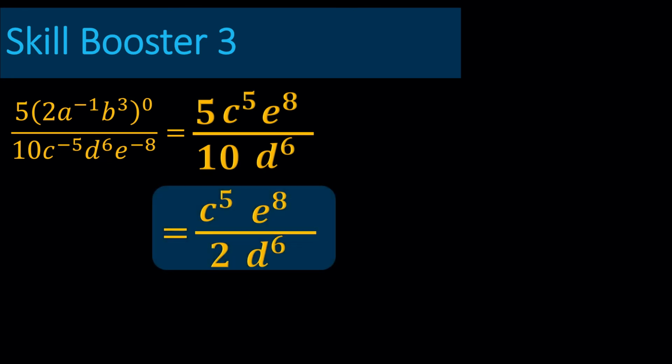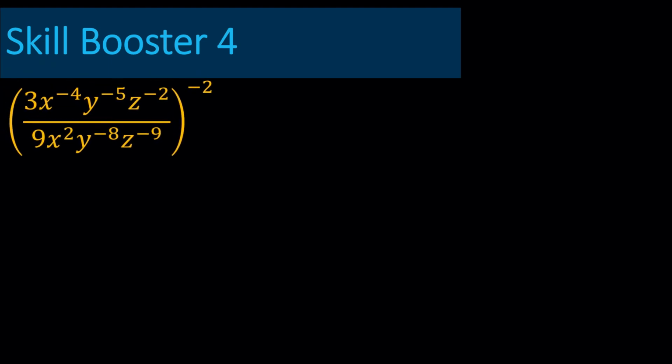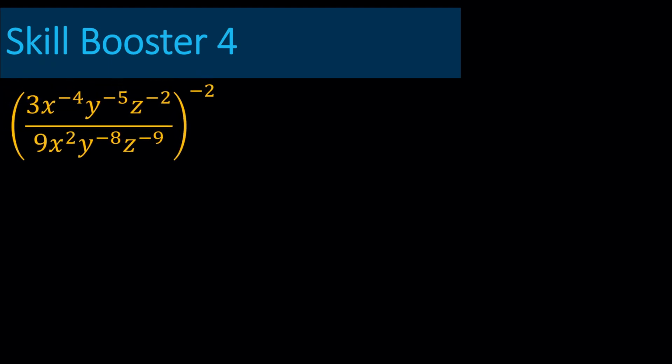Okay, lastly, we have this one. It looks very complicated, but if you have the strategy together with the laws of exponents, it will be so very easy. When you look at this, we have power expressions inside, and then you look at 3 and 9. We can simplify this one, right?